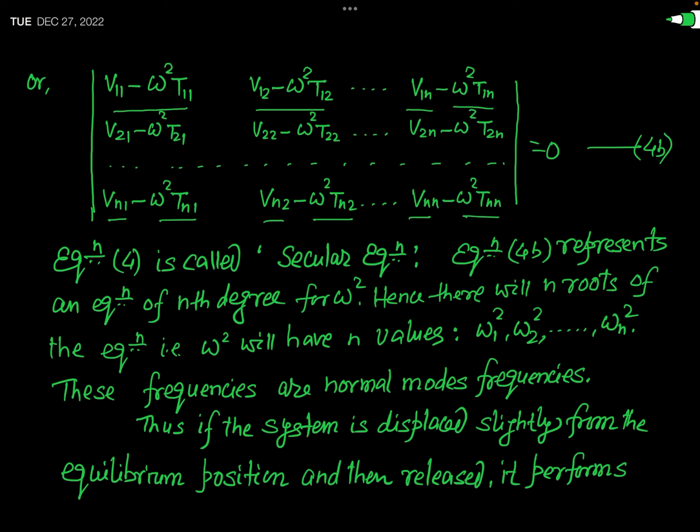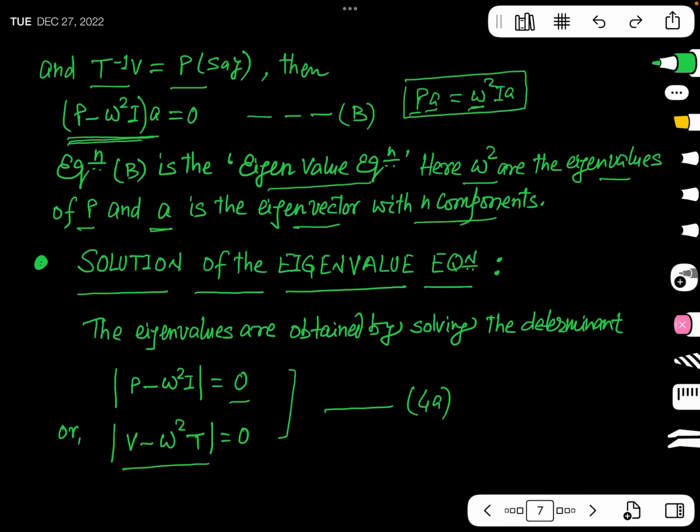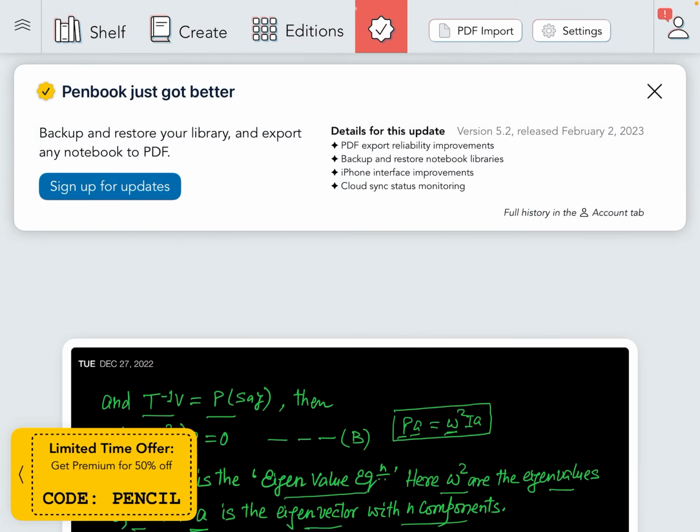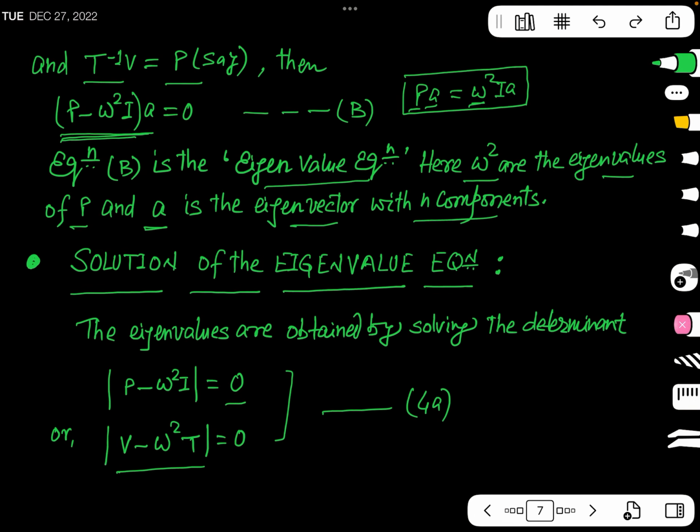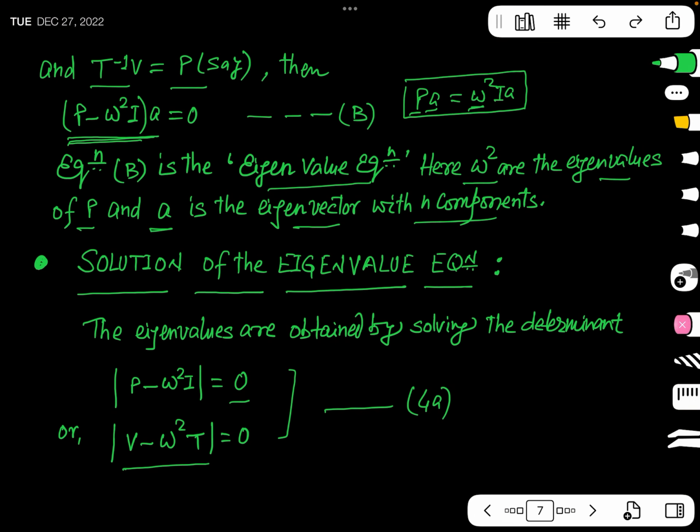And as I have told you, this very equation, which I have written as equation number 4, is called a secular equation.